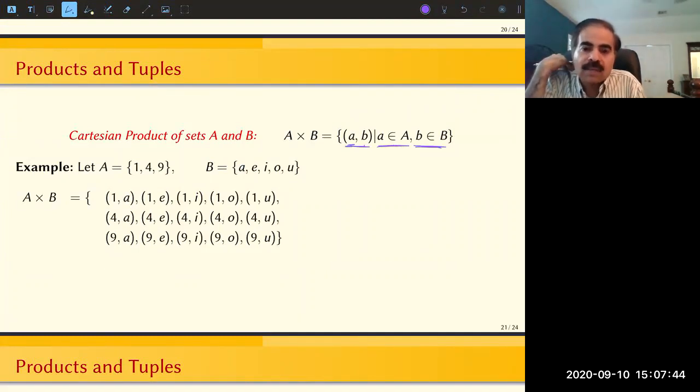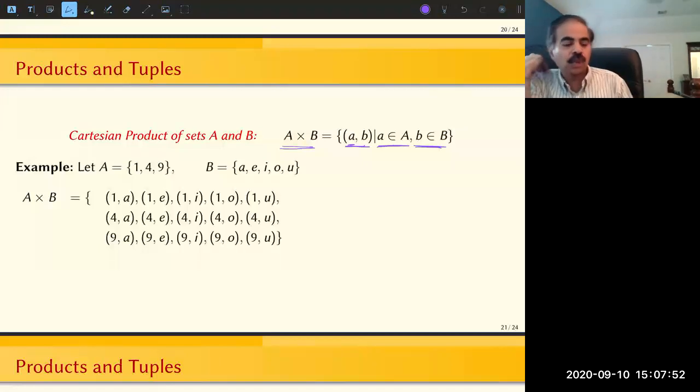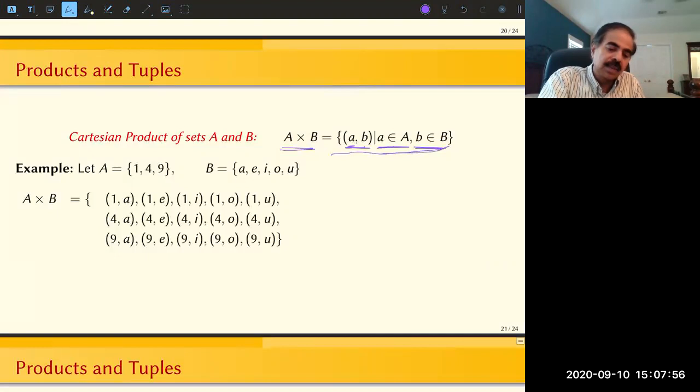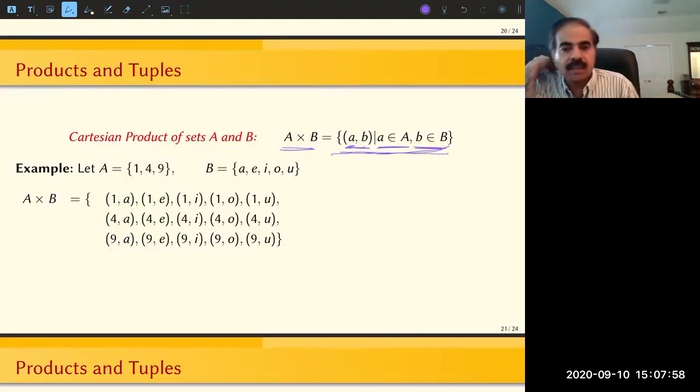That's one of the elements of this new set. So we are defining a new set called the product set from two other sets. And using the set builder notation, we are defining exactly what is the content of the set, or what are the elements of the set.